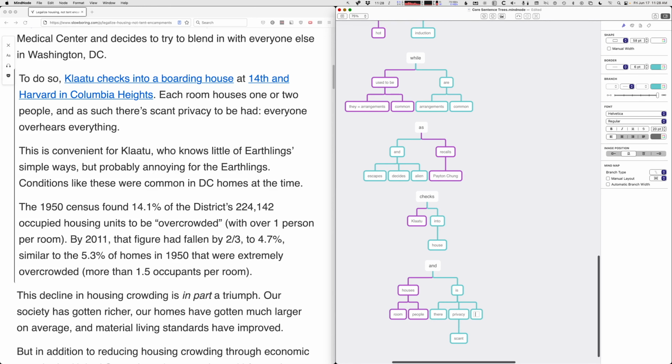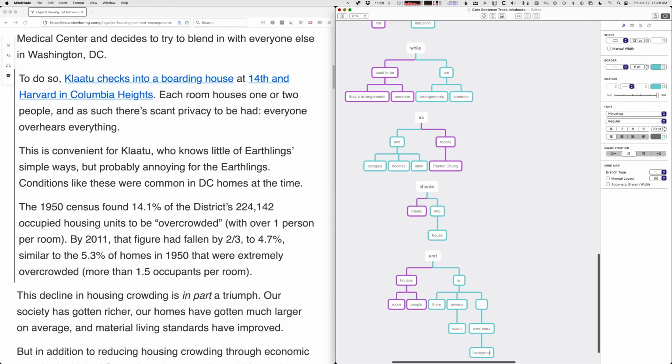Okay, so I'm going to put a colon here and treat it as a submodifier telling us about the is, or about the group, the clause, giving us additional details about the is privacy thing. So it is overhears as the verb. Subject is everyone. And object is everything. There we go.